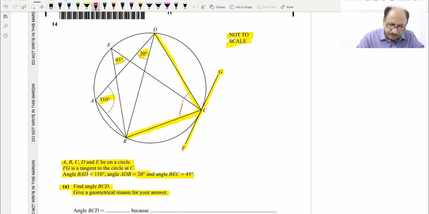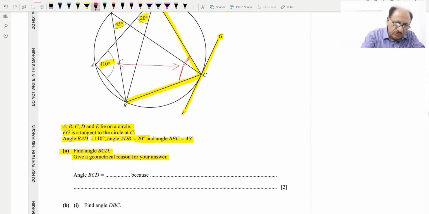So BCD will be this angle, hopefully this one. We can see this is opposite to this. So we can say that it is 70 degrees, because it is the opposite angle of a cyclic quadrilateral. So we can write here 70 degrees.